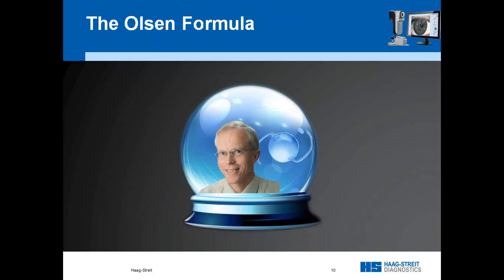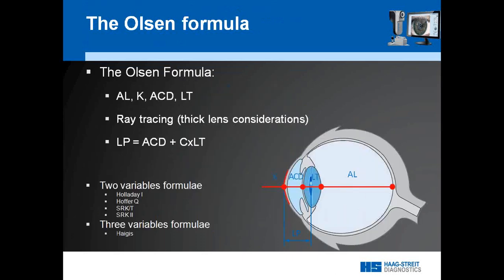This is Professor Olsen, and let's have a look at his formula. So as said before, Olsen is using 4 parameters: axial length, K readings, like everybody else, ACD, and lens thickness. His way of calculating the IOL differs completely from all the others.